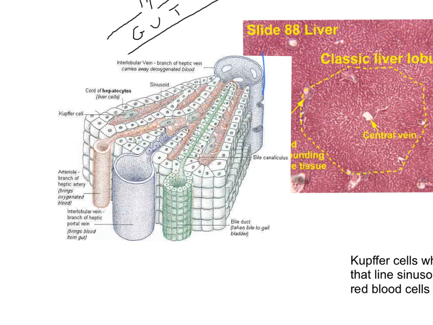So imagine this Kupffer cell here encounters a red blood cell, engulfs it phagocytically, breaks it down into amino acids, iron, which it can recycle and use, but the heme group is broken down and made into bilirubin, which then passes through these cells into the bile canaliculi, which then passes along to the bile duct. All the bile ducts converge into the gallbladder, and then the bile can be released into the small intestine.